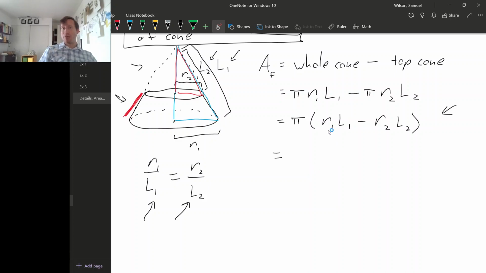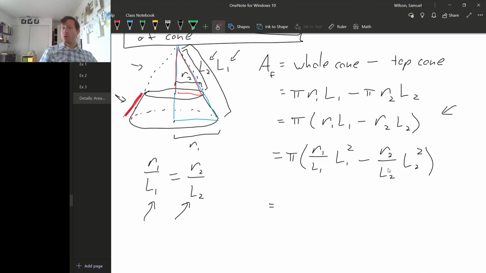And we can make them show up, right? Here's an R1 right here. We can make it R1 over L1, but to compensate, we have to have another factor of L1, right? So I've sort of intentionally unsimplified here, just so that I could have R1 over L1. But this is equal to what's directly above it, because you can just cancel an L1. We can do the same thing for the R2 and L2 part, so R2 over L2 times L2 squared.